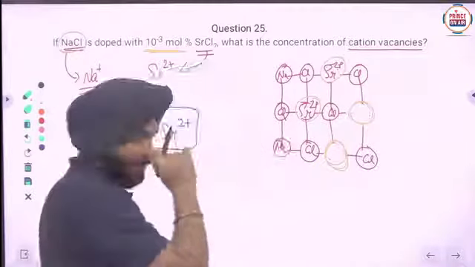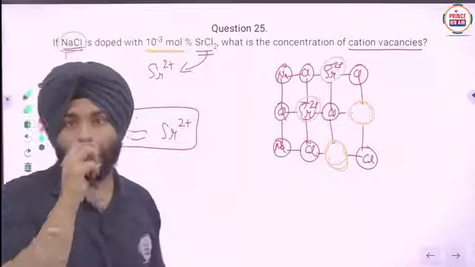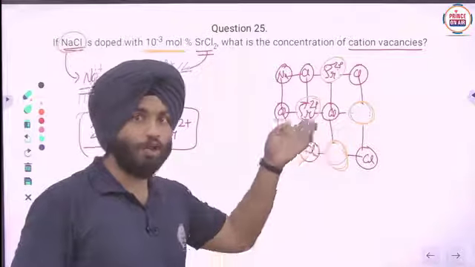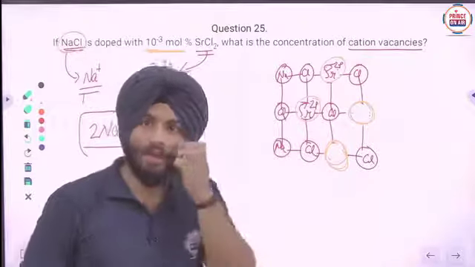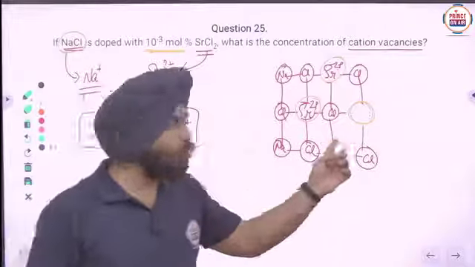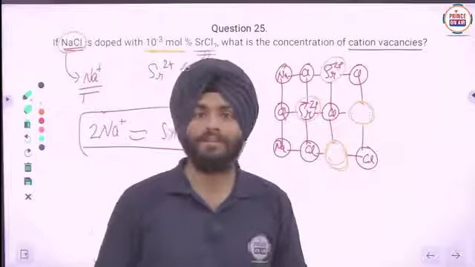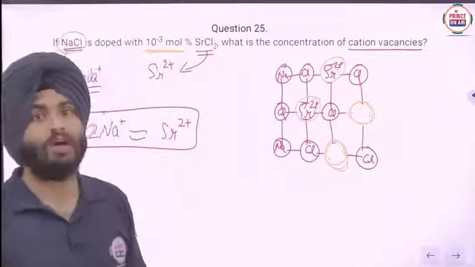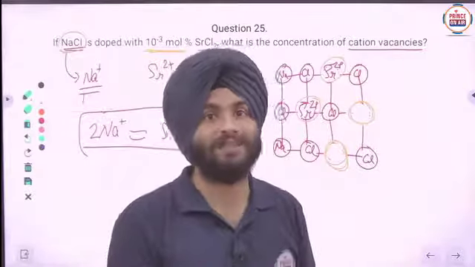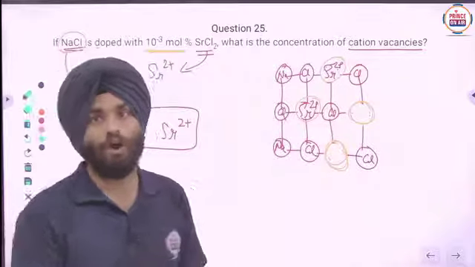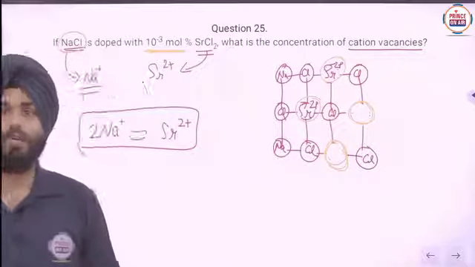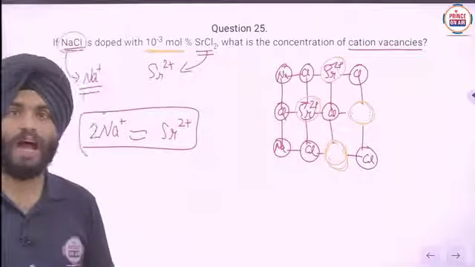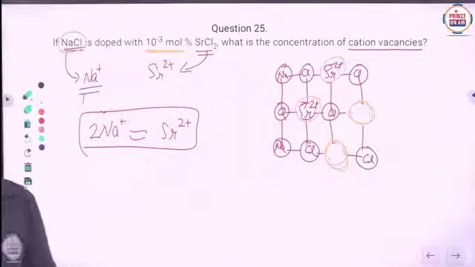So now there will be the formation of 2 cationic vacancies. Whenever 2 Sr2 positive ions occupy the positions of Na positive ions, 2 cationic vacancies are created. So we just have to check how many Sr2 positive ions occupy the positions of Na positive ions. That is the hint for you, try to do it yourself, otherwise I will provide the solution. I am giving you 1 minute to solve this question.